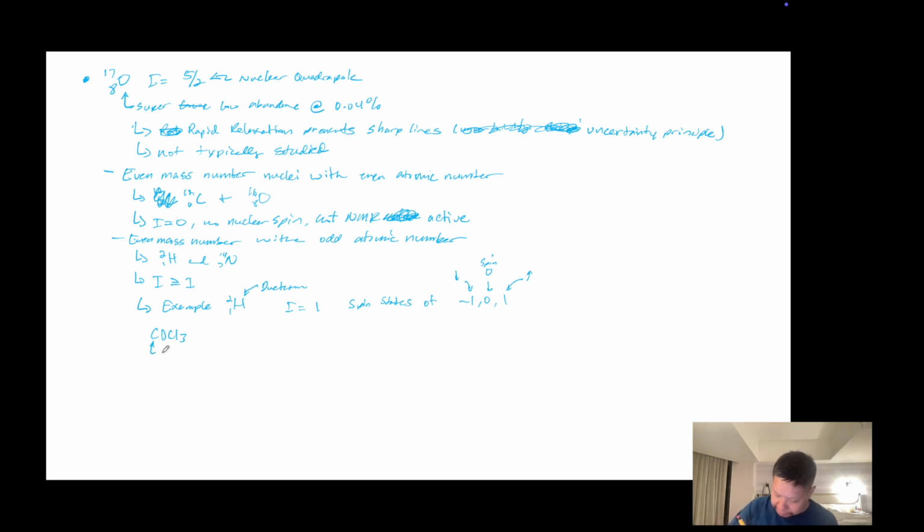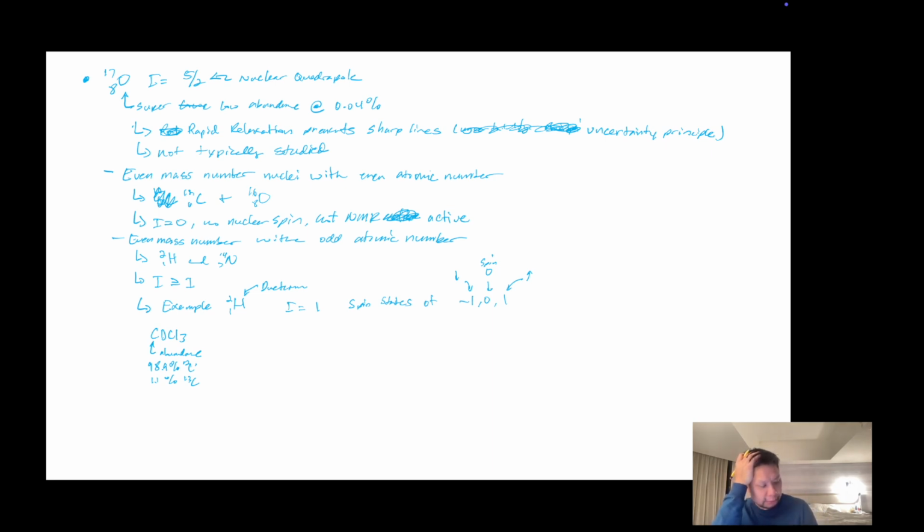The first thing to note is this carbon right here. Let's talk about its abundance real quick, because we haven't talked about it. 98.9% of all carbon atoms are carbon-12, and the 1.1% are carbon-13.